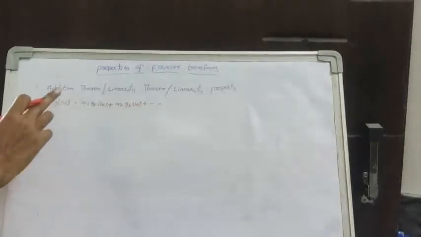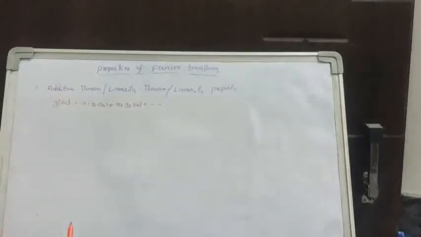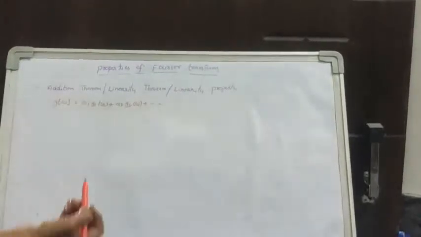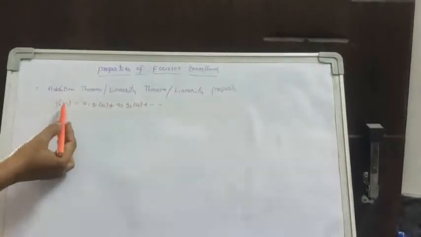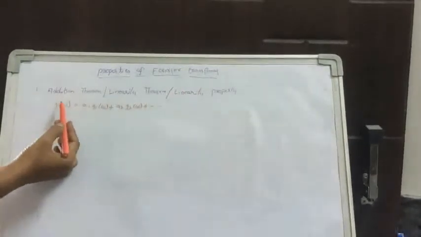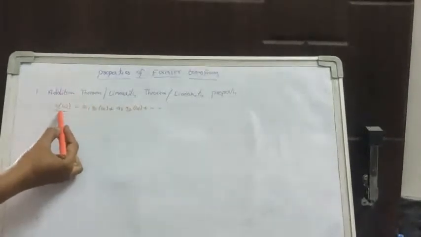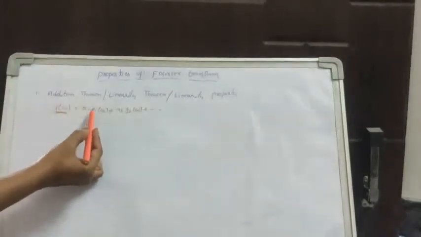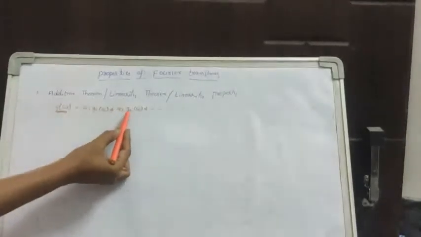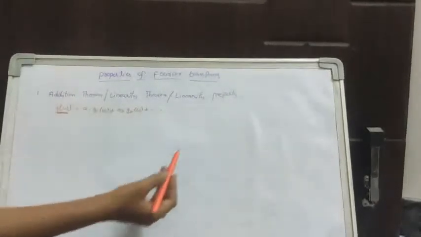We have defined it in the representation of Fourier transform. That means the Fourier transform of function f of t is given by g of omega. So in the addition theorem, we have to prove g of omega is equal to a1 g1 of omega plus a2 g2 of omega plus a3 g3 of omega and so on.